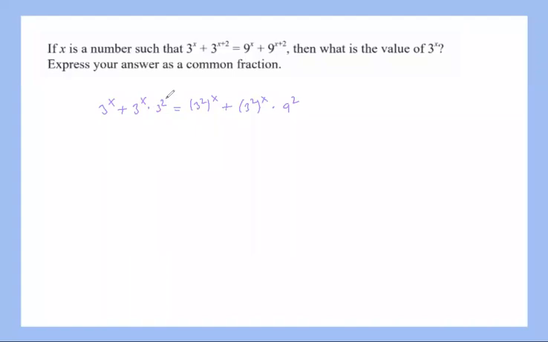On the left side, this is good because this is 9 times 3 to the x. This is 1 times that. So if you combine those, that will be 10 times 3 to the x. And then this one, with the 2 and x in a place that I don't like. I like to have 3 to the x power, not 3 squared to the x.